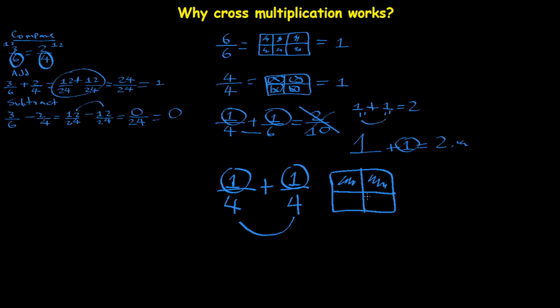And if we sum those up, we are going to get 1 plus 1, 2, and the denominator remains the same because we are not adding the denominator twice, let's say. And as we can see here, it is giving us 2 parts of those fourths. We can see visually here.